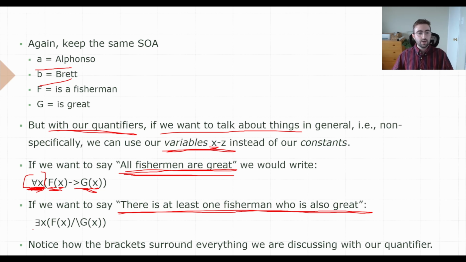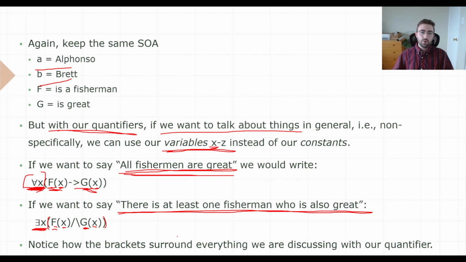So we're going to translate that with our existential quantifier, right? So this says there's at least one x, and then we're going to wrap the whole rest of the sentence in parentheses here. There's at least one x where that x is both a fisherman and that x is also great, right? So then we have there's some x who is both a fisherman and is great.